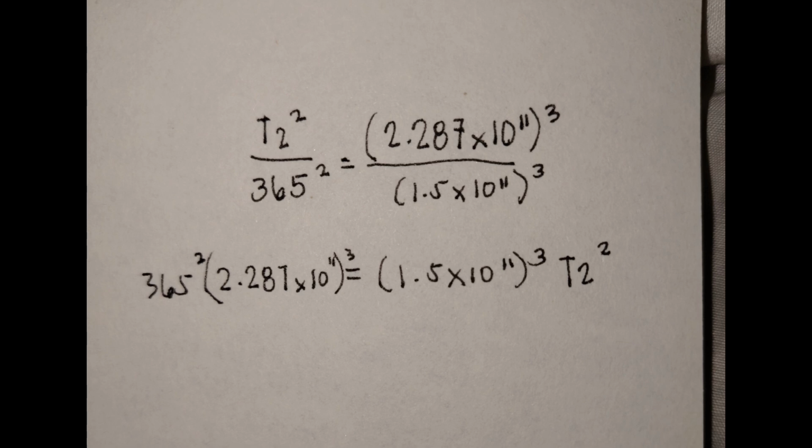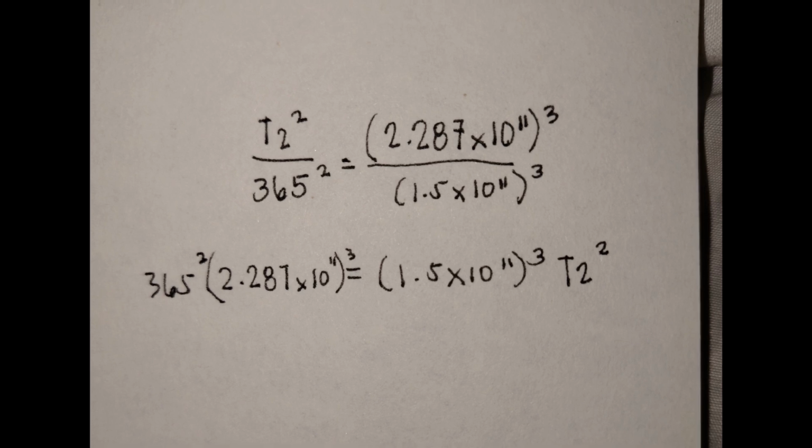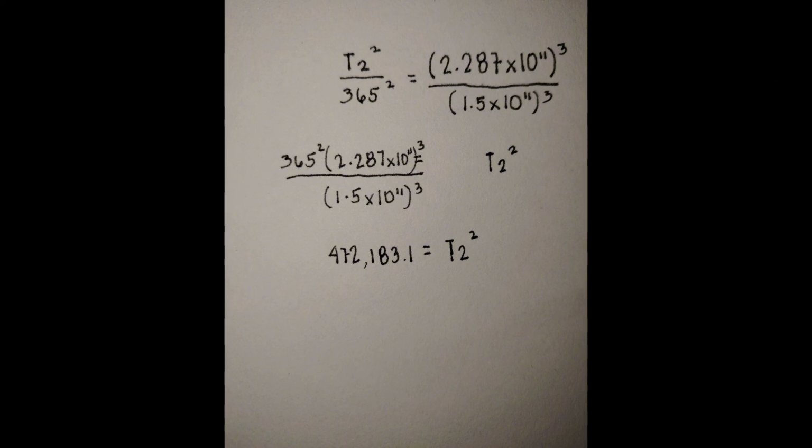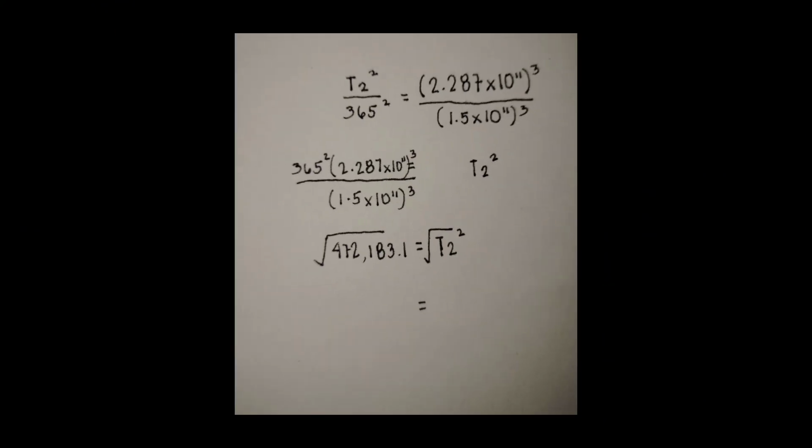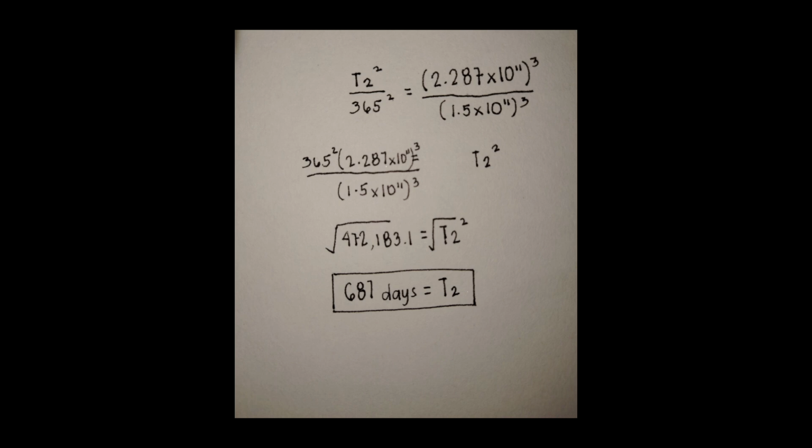So, yung next step is i-divide natin. So, ibababa lang natin yung 1.5 times 10 to the 11 cubed. So, kapag na-divide na, it will give us 472,183.1. And then, we'll need to get the square root of both sides. So, T2 is about 687 days.